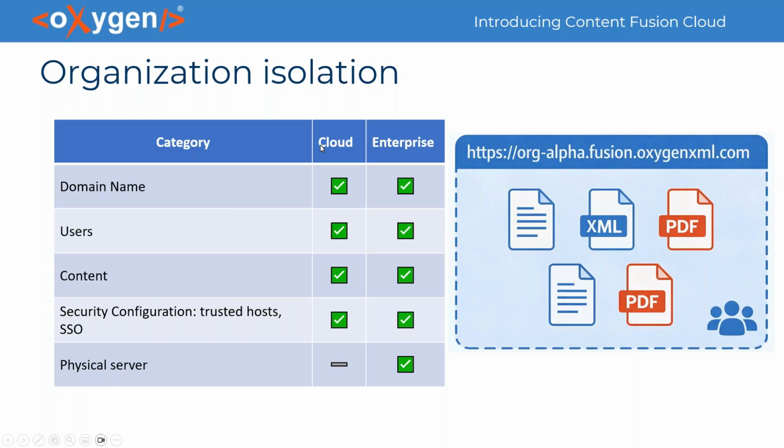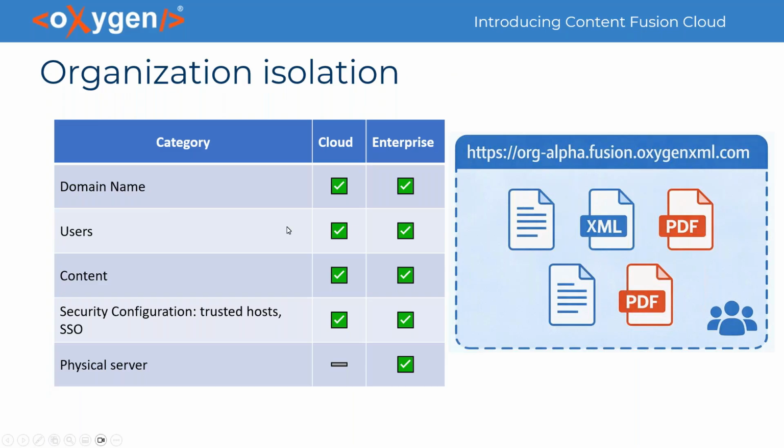So I created a slide to compare a bit how organizations are isolated in the enterprise version and in the cloud version. First of all, each organization has its own domain name, its own URL. And so if you go to https://myorganization.fusion.oxygenxml.com, then you cannot go by mistake to the sandbox of another organization.